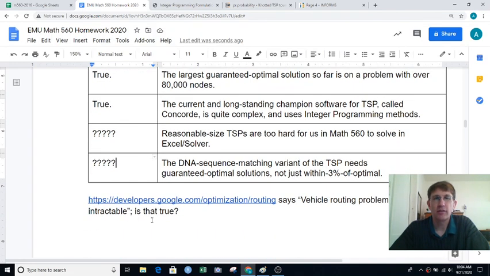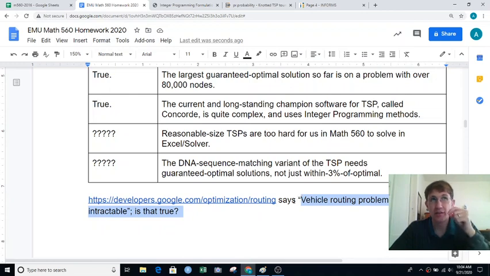All right, so you'll see statements like this on the web that say vehicle routing problems, traveling salesman being one of them, salesperson, are inherently intractable. So what do you think? Is that true? And this is on a website by Google developers that offers some operations research software. So can we wrap all this up and say, is this true? Vehicle routing problems, including traveling salesperson, are inherently intractable.